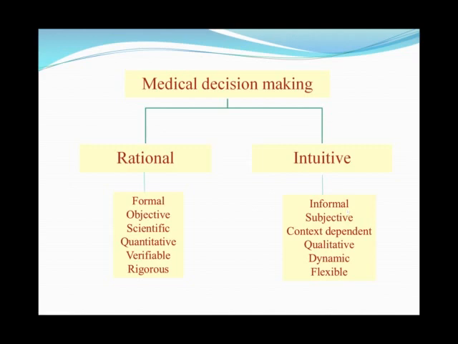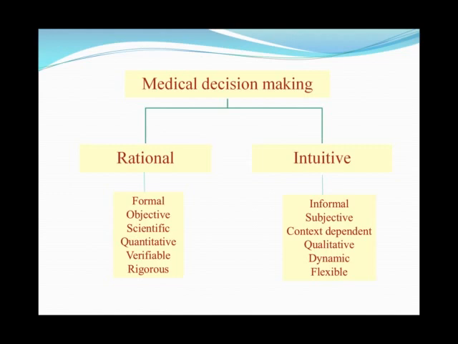So when we break it down into these two groups, the rational, analytical side versus the intuitive side, we're going to see this is a more formal response. It's more objective, more scientific, more verifiable, and just a more rigorous, critical way of making decisions.